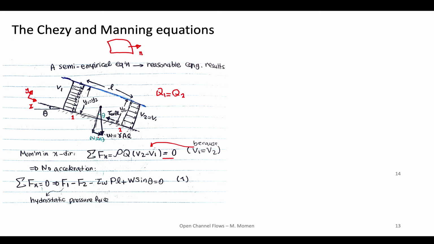So first we have the hydrostatic pressure forces, so F1, which is here, which I'm going to show how you can calculate, minus F2, which is the pressure force here, minus tau W, which is the shear wall stress, multiplied by the area, which is P, the wetted perimeter, multiplied by L, the length.